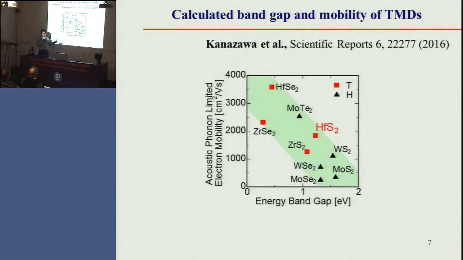But for a switching material or logic material, you need a band gap. As the band gap increases, the mobility goes down. So you have to have some compromise, which means if you choose something like MoS2 or WS2, it could have a relatively large mobility, and also some band gap for logic devices.